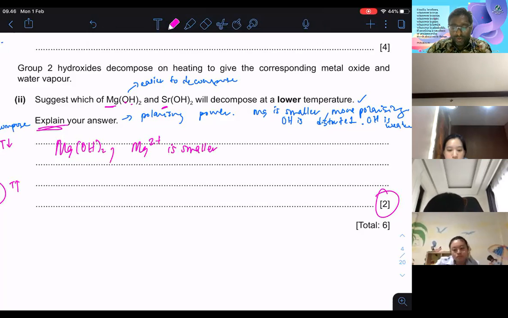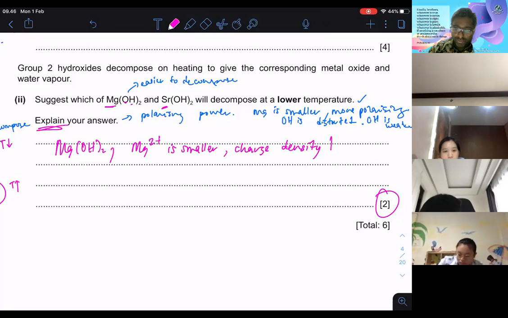Of course you don't compare the charge, because the charge is the same. So you say your charge density, not the charge but charge density, is charge divided by ionic radius, so charge density is going to be more.